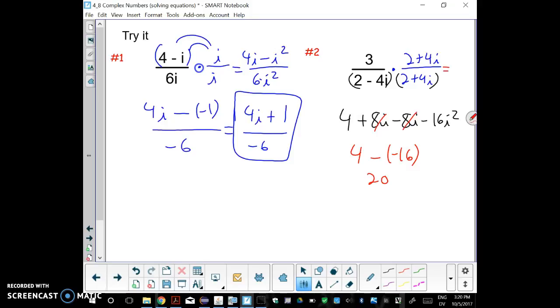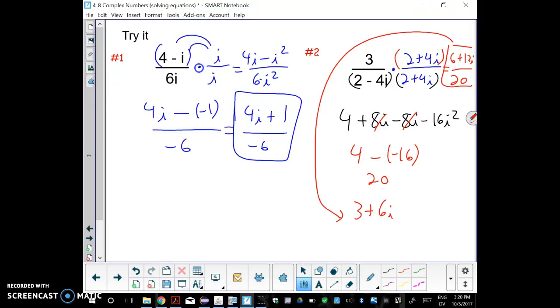So our denominator would just be 20. And the numerator, we just got to distribute the 3, so it would be 6 plus 12i. Sorry, that kind of didn't fit there, but that's 6 plus 12i. And again, that would actually clean up a little bit. So that's a fine answer, but if we wanted to clean it up down here, just divide everything by 2, it looks like. So 3 plus 6i over 10 would be a little bit cleaner of an answer. But really, either one of those is fine.